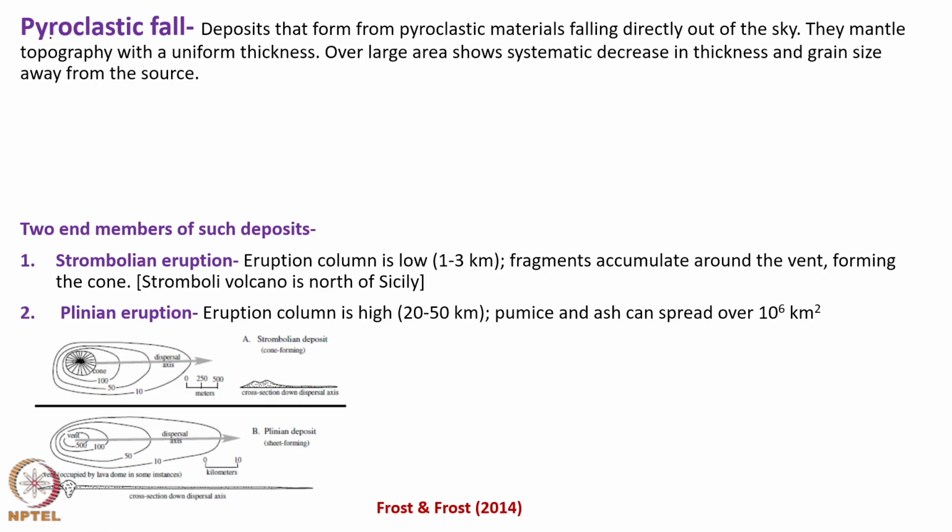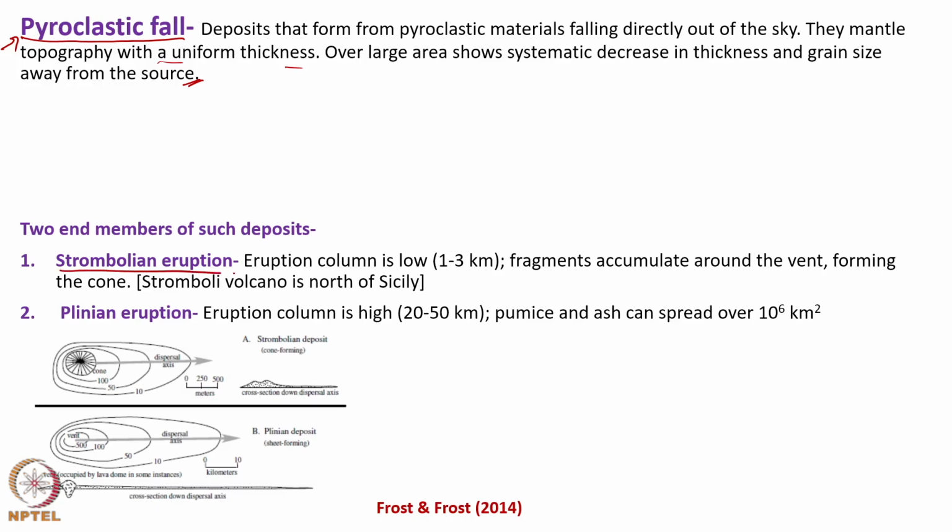We have to be aware of pyroclastic fall. These are the deposits that form from pyroclastic materials falling directly out of the sky. They mantle topography with a uniform thickness over a large area, and show a systematic decrease in thickness and grain size away from the source. There are two end members of the pyroclastic falls.